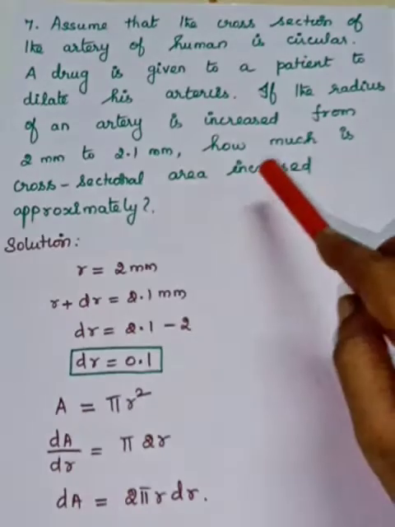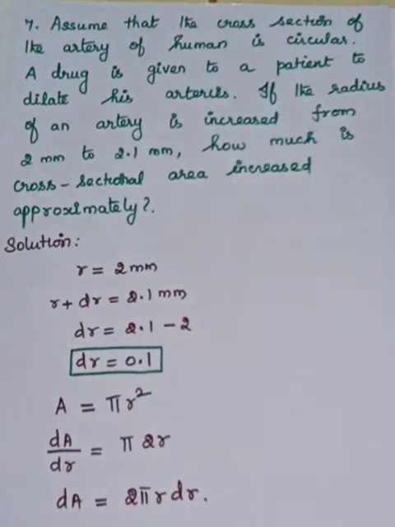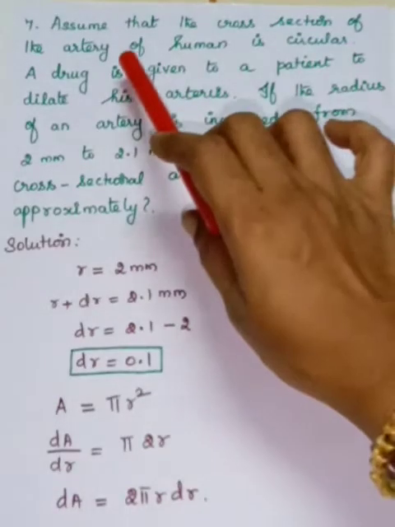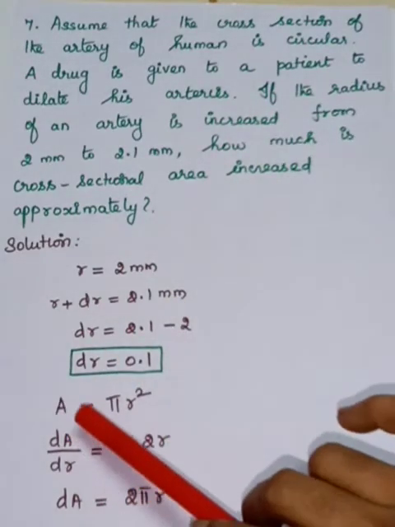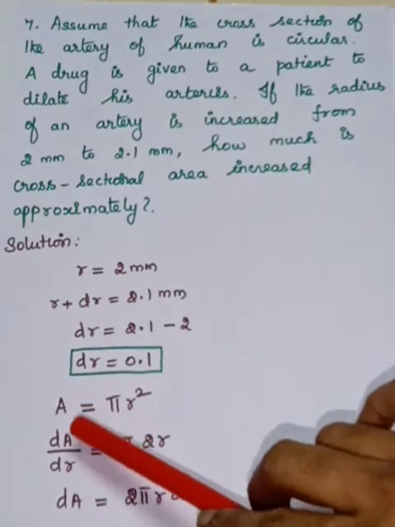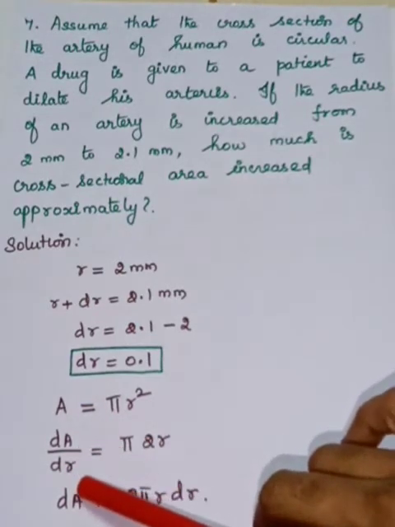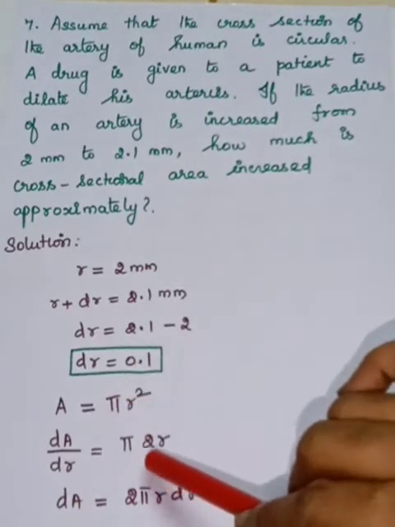So we have to find the approximated increment in the area. The cross section of the artery of a human is circular. So we have to use the formula A is equal to pi r square. So we have to differentiate A with respect to r. So dA by dr is equal to pi, a constant, and r squared when you differentiate is 2r.